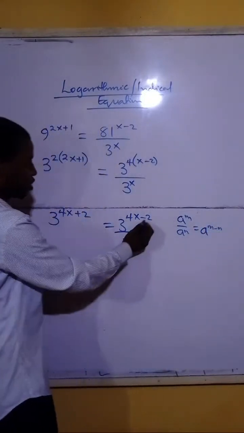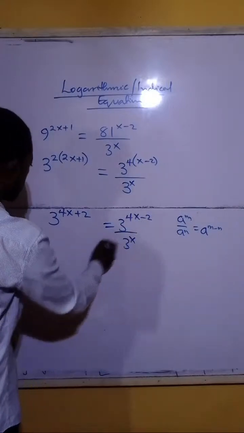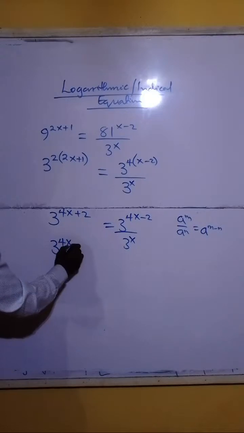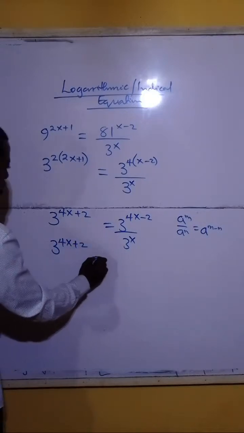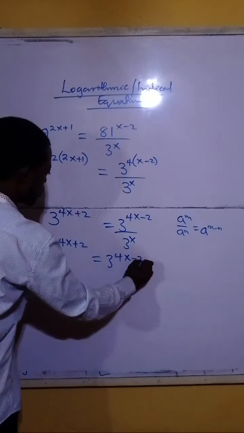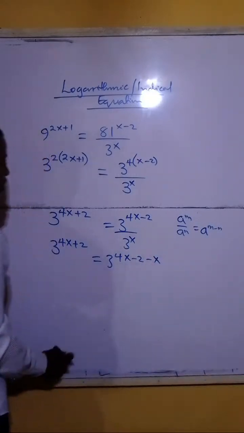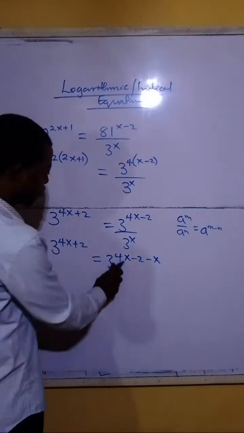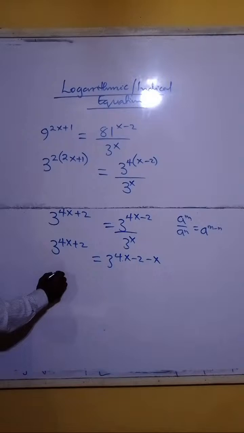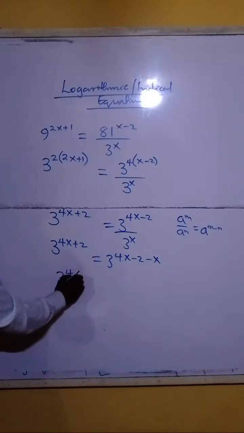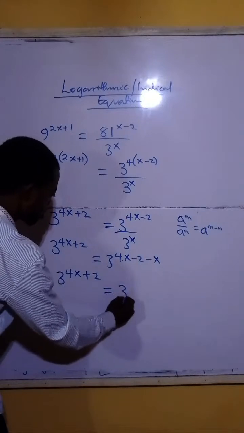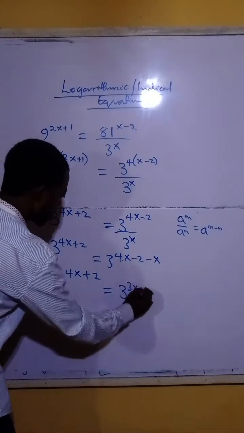So we can subtract this x from this power, and this becomes 3 raised to power 4x plus 2 equals 3 raised to power 4x minus 2 minus x. And here we have 4x minus x, that's 3x. That is, 3 raised to power 4x plus 2 equals 3 raised to power 3x minus 2.